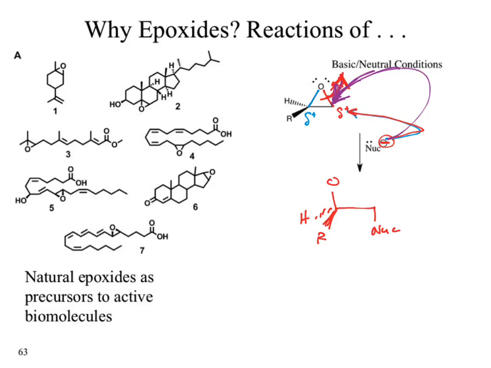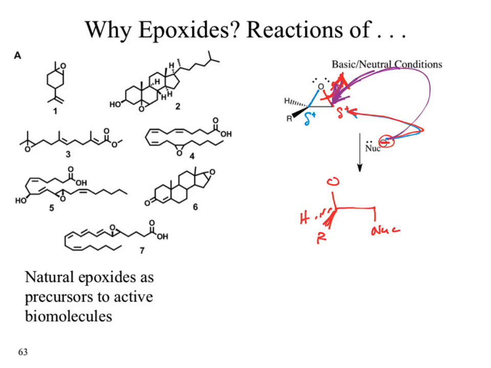Better. So the steric: the oxygen has electrons. What is the nucleophile bringing in? Electrons. Why does it make no sense for the nucleophile to attack the top? There's electrons there. It's going to repel away. It can't get in there. It can only come in from the backside.